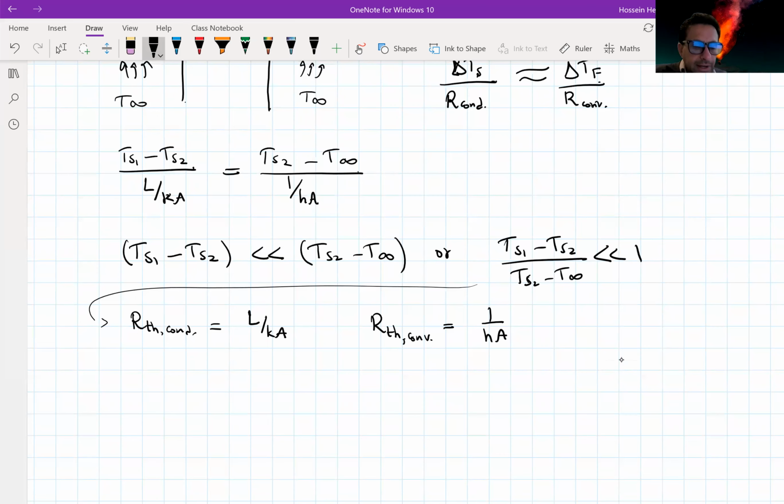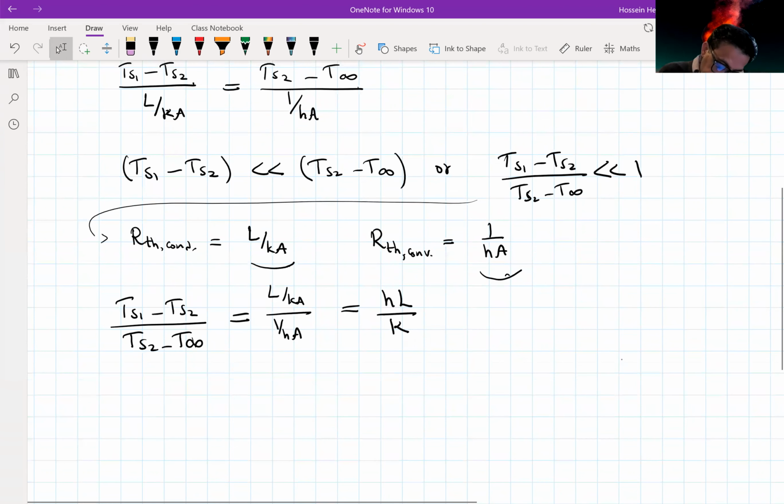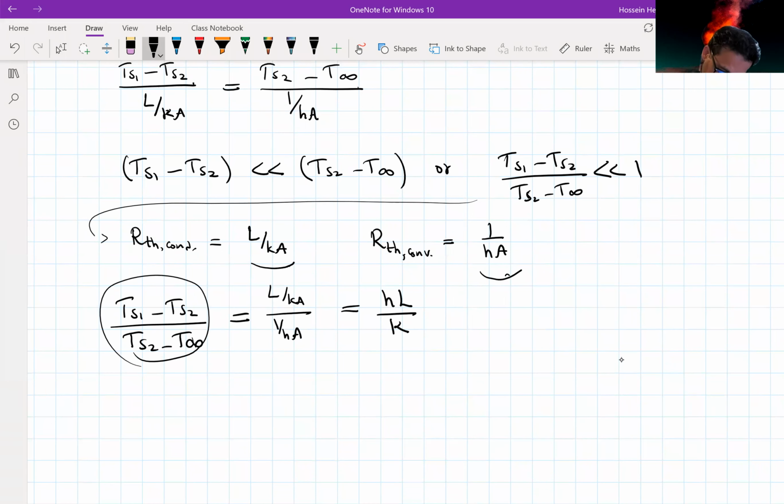We want the solid's resistance to be much smaller than the other one in order to have this ratio be satisfactory. In fact, Ts1 minus Ts2 over Ts2 minus T infinity, if you write it based on the ratio, is going to be L over KA times HA, or HL over K. To have this much smaller than 1, we want HL over K to be much smaller than 1.